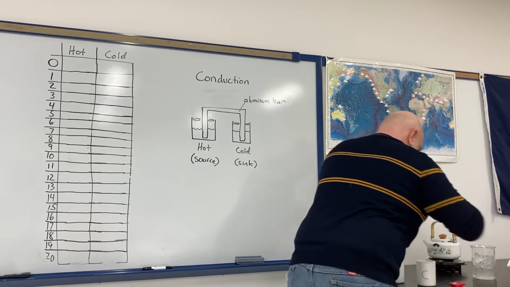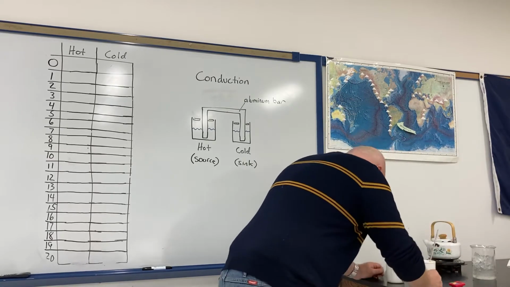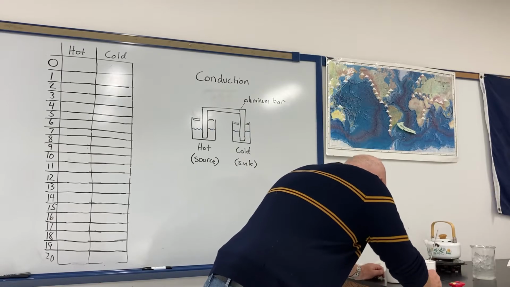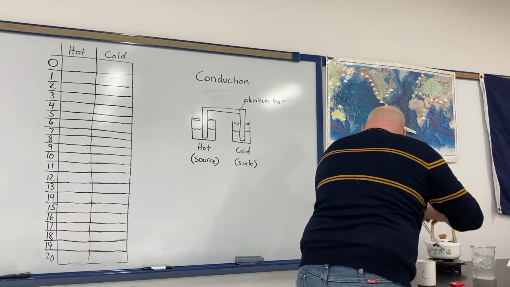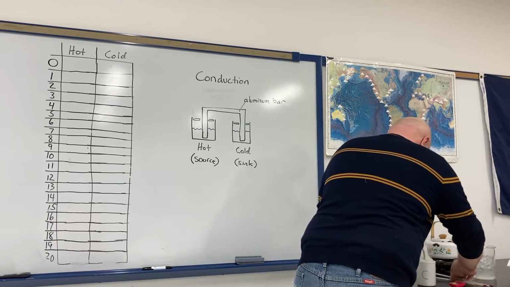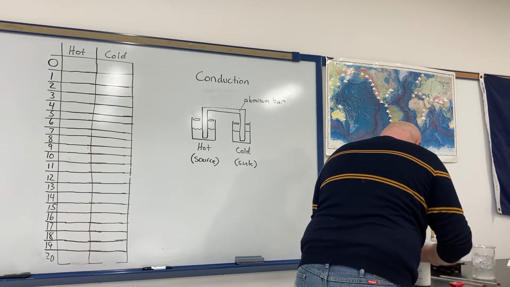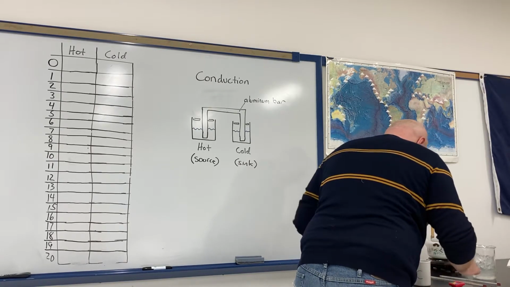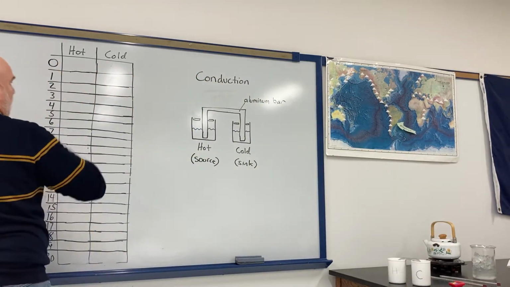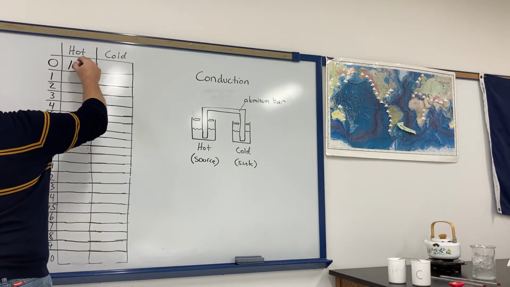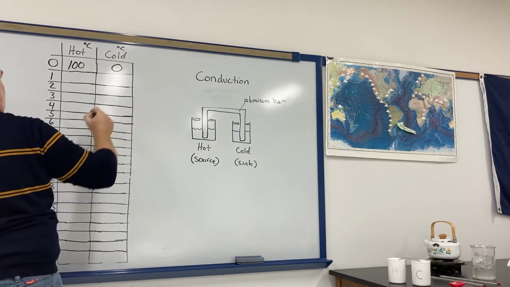Take your initial temperatures. So it's boiling and right at ice water, so it's 100. Connect them, and start the timing. All right, so time 0, again, the hot water is boiling, so it's right at 100 degrees Celsius. And the cold water is right at 0.